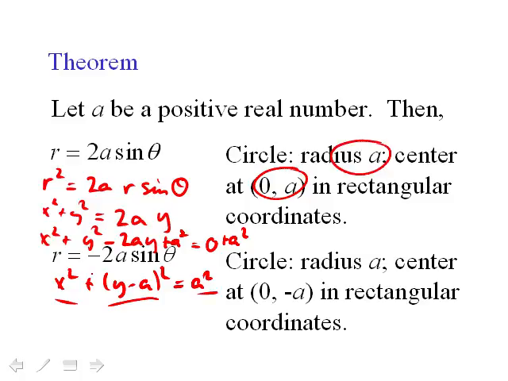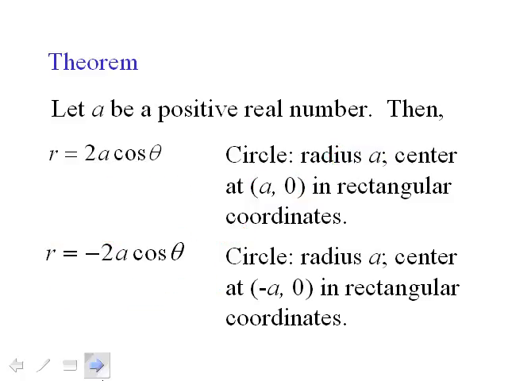Much the same way, if it's minus 2a sine theta, that moves the circle to the left rather than to the right for what it looks like on the plane. And if, instead of using the sine function, you use the cosine function, 2a cosine theta moves the center of the circle in the x direction, since r cosine theta is x, and that moves the center to x equals a, y equals 0.